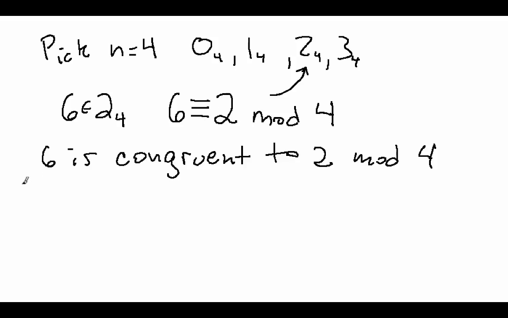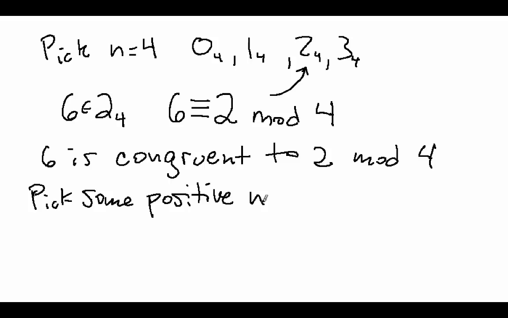Now, I hope it's clear that if we pick some n, if we pick some positive integer, then we can talk about x being congruent, and I'm going to write question mark here, mod n.